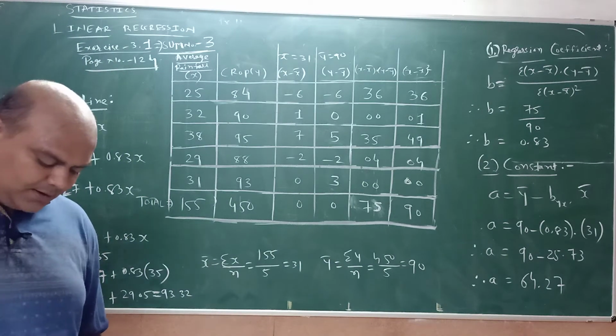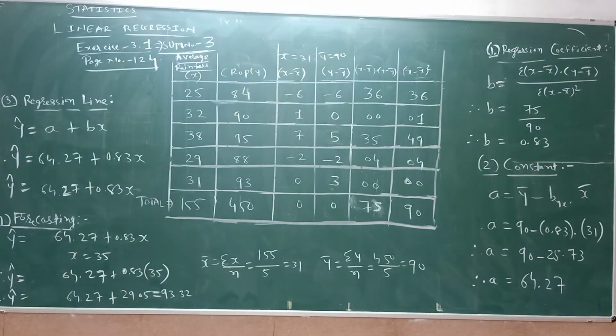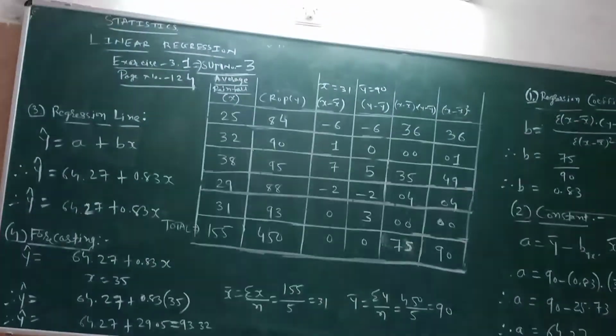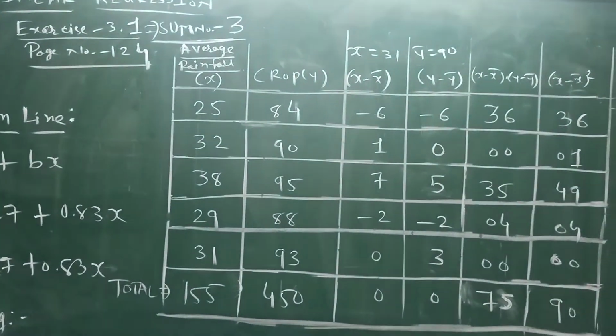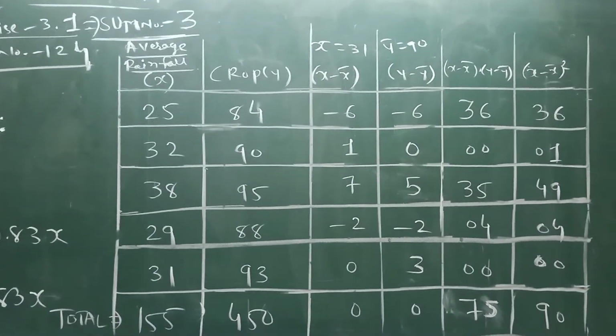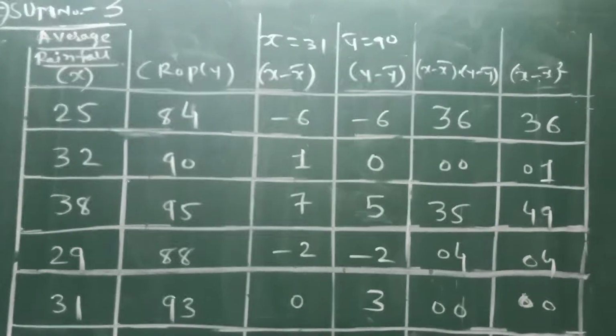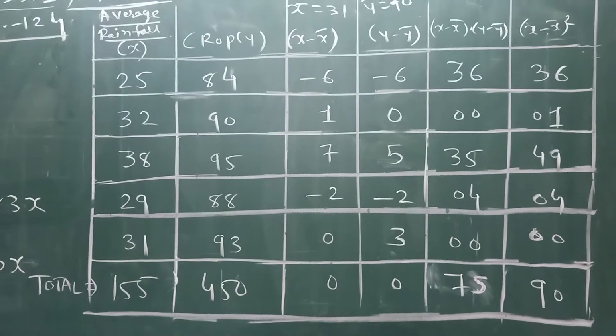Now, as per our tradition, we take the fast recap of the whole sum, so that you can easily focus and calculate the sum. The sum is of linear regression, exercise 3.1, sum number 3, page number 124.